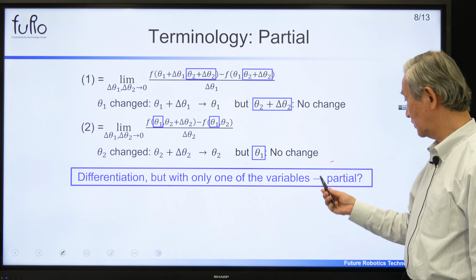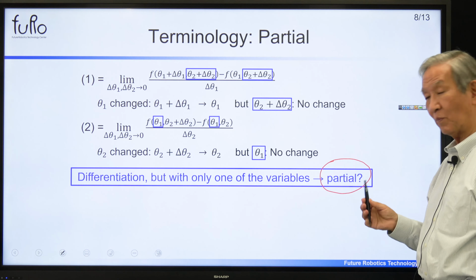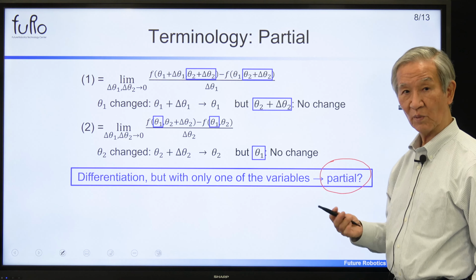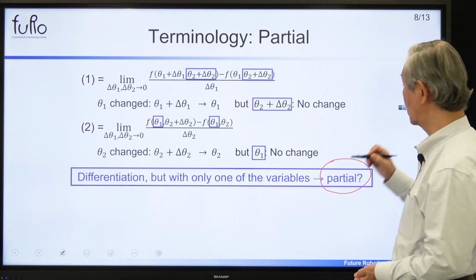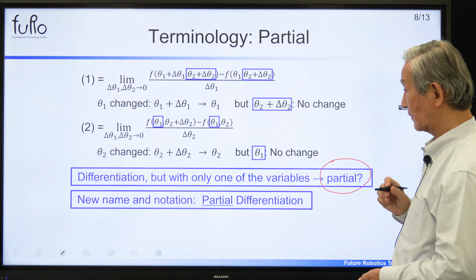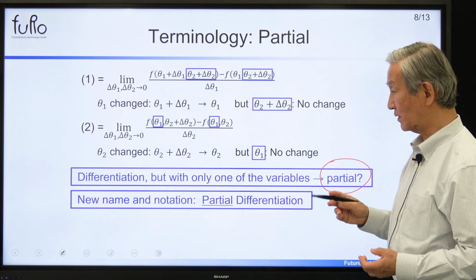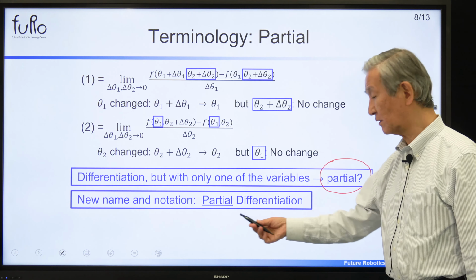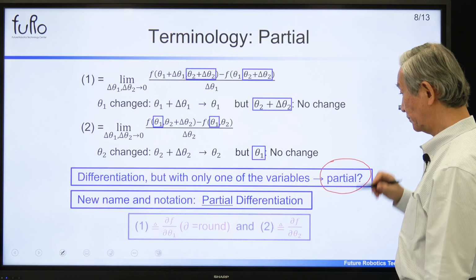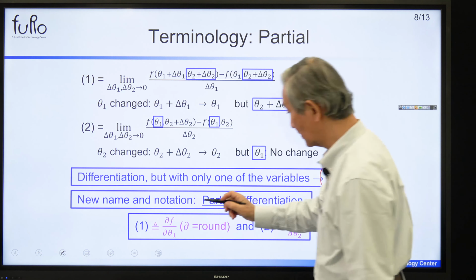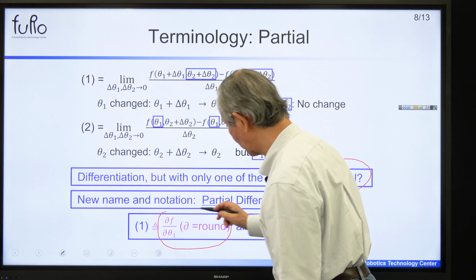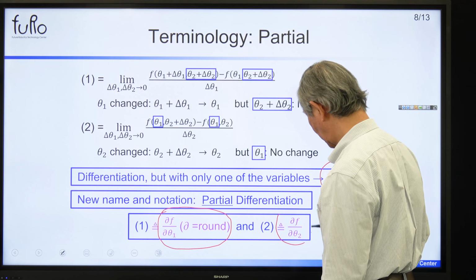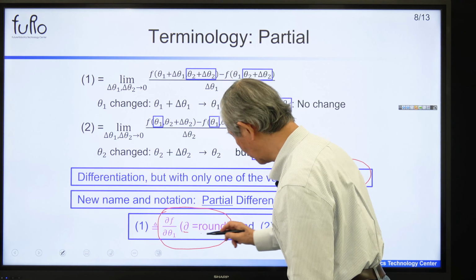So, don't you think the word partial is a nice way to explain what's going on? So we give a new name for this and call it partial differentiation, and give this new notation. New notation, round.